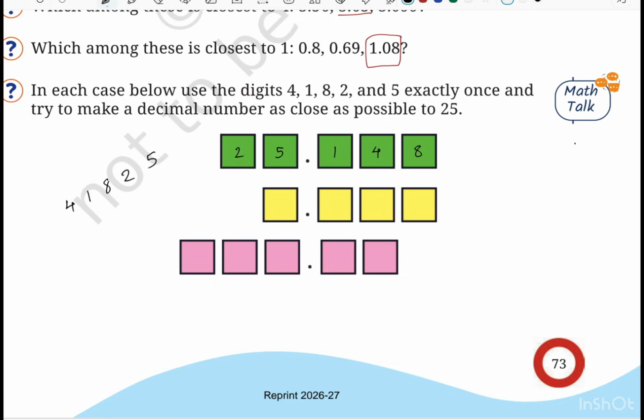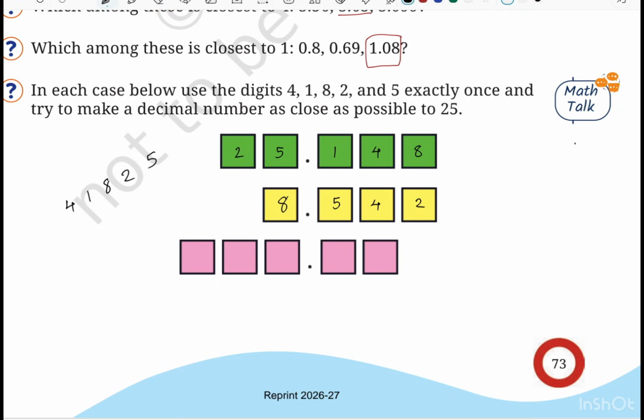Next we have to find the number which is closest to 25 and has only one unit digit. The greatest number is 8, so we can write 8 point. Next number is 5 and 4 and 2. So 8.542 which is closest to 25. Next we have to write a 3-digit number which is closest to 25.